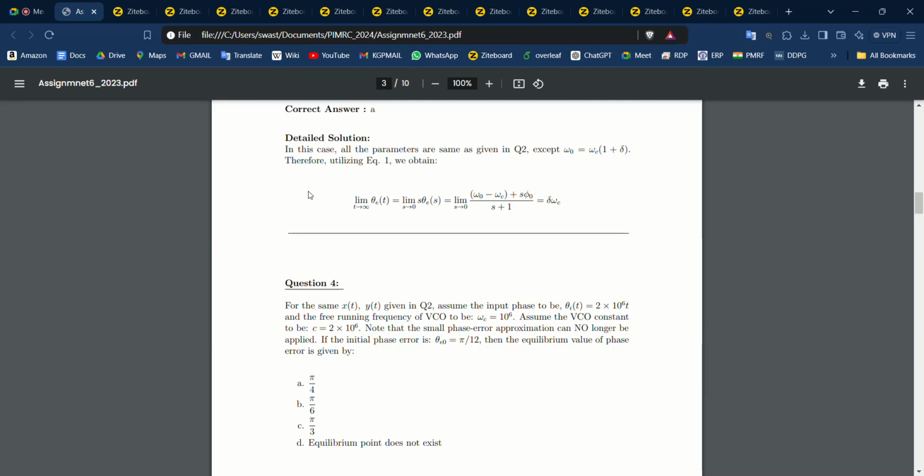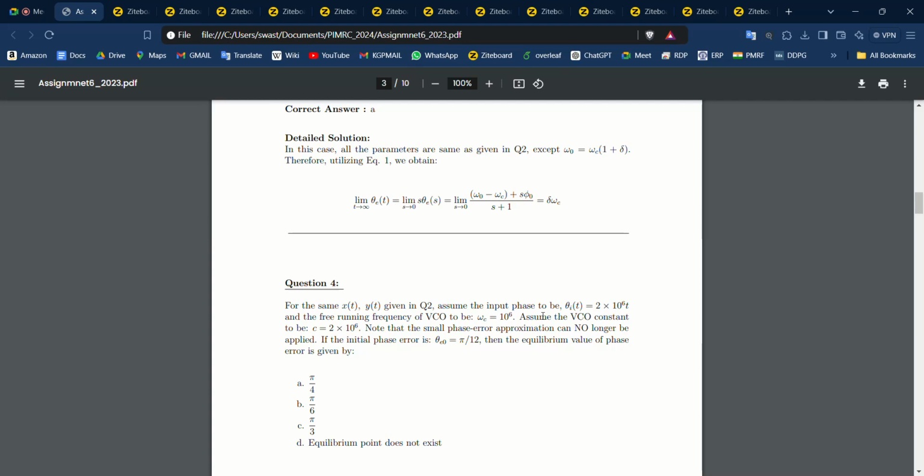So note that we can no longer use the small phase error approximation. The small phase error approximation applies when omega naught and omega c, the input frequency and the free running frequency of the VCO, are same. So the VCO should be able to generate a signal that is close in frequency and phase to the input signal.